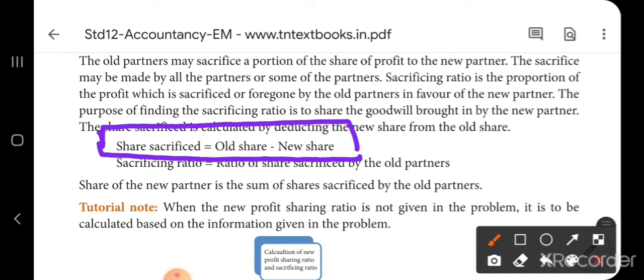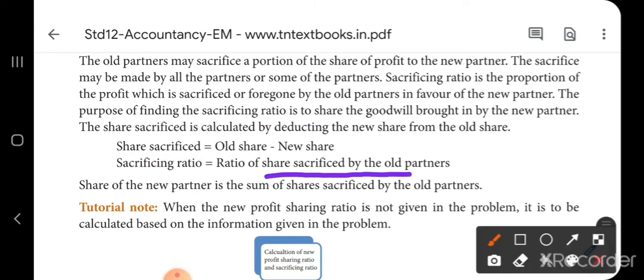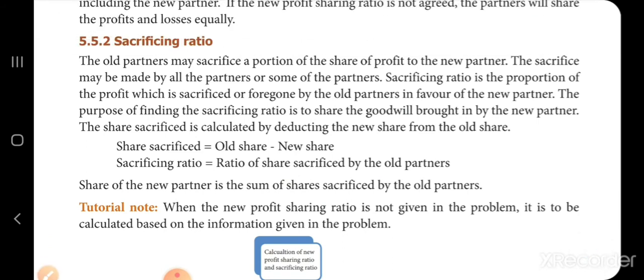Okay. Now, sacrificing ratio means what? The ratio of share sacrificed by the old partners. What is the share of the new partner? The share which A has sacrificed and the share which B has sacrificed, both together you should add to find the new partner's share.